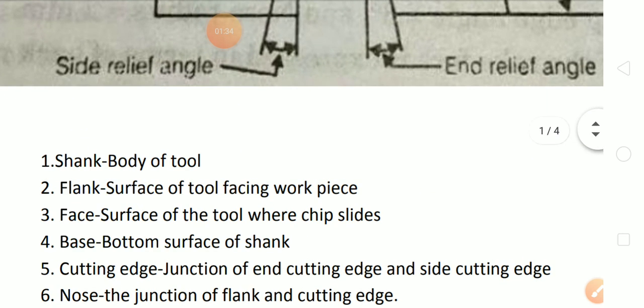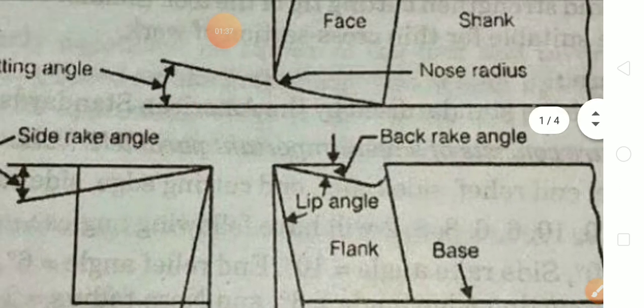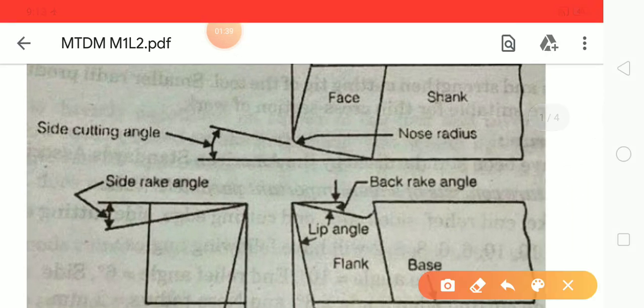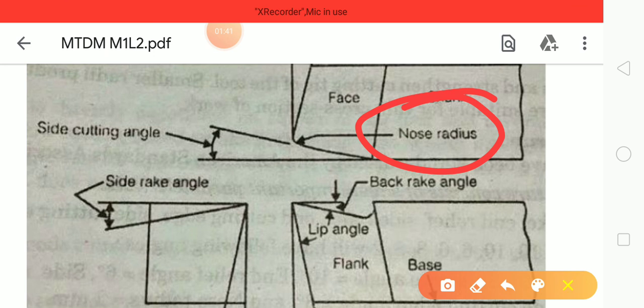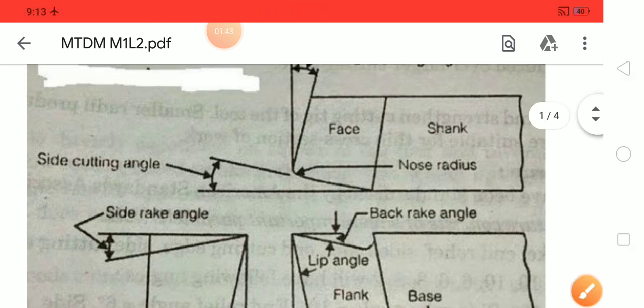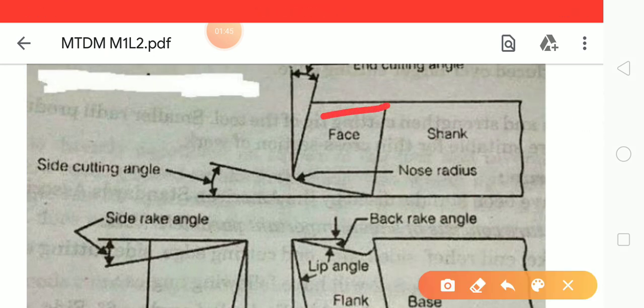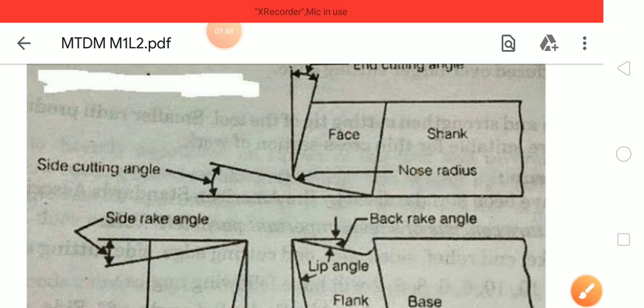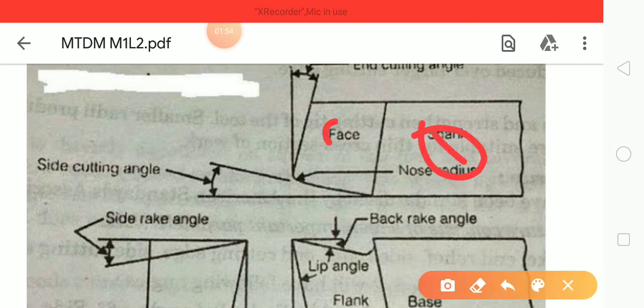Shank is the body of the tool. Here you can see the shank, the main body of the tool. Then you can see the flank. So first is shank and second is flank.